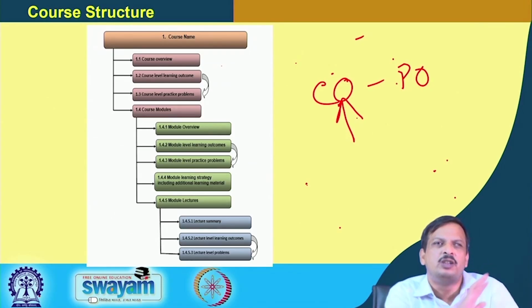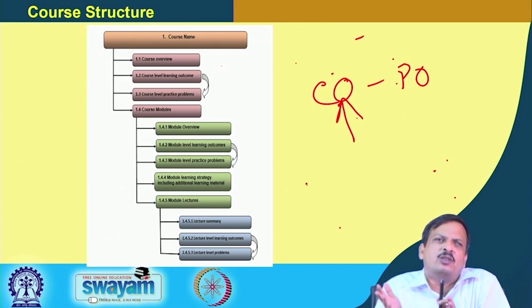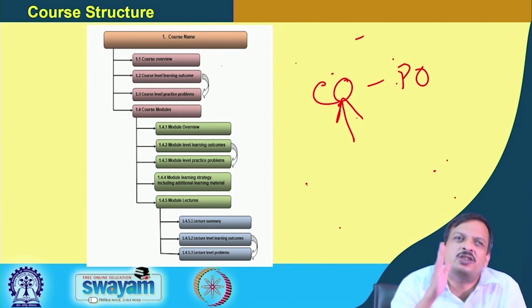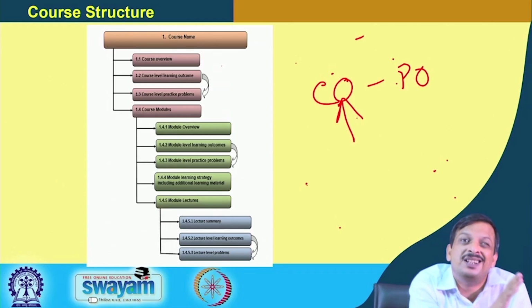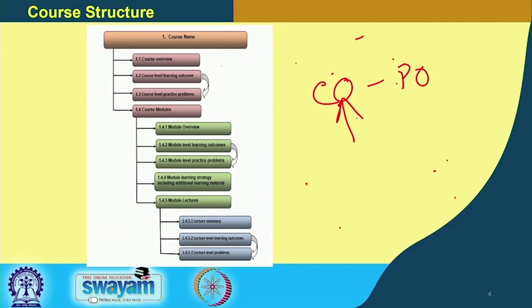That is not required. Many people say, oh, my course is introductory level, so my students can only describe and define. If that is the course, that course is not required for BTech or BE engineering. That course may be required for diploma or ITI engineering.